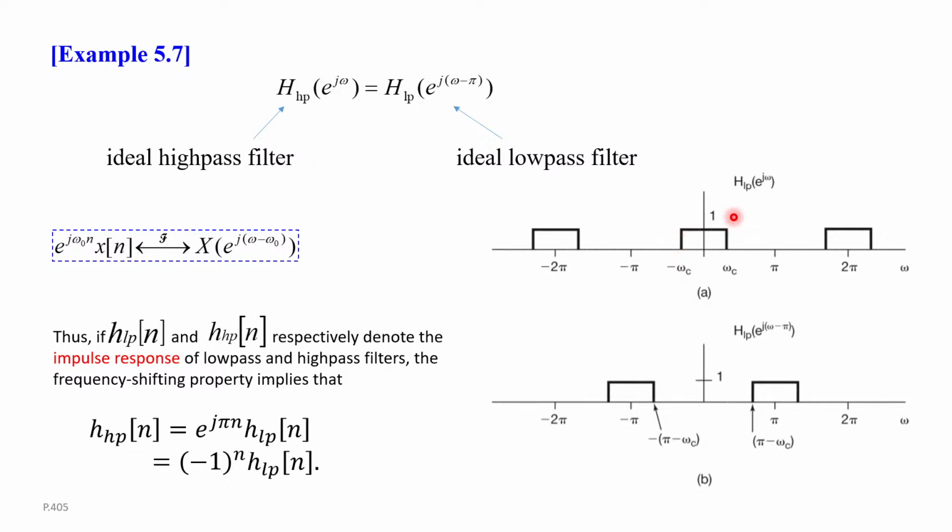Anyway, so we want to shift from this filter to this filter. Then you can multiply. You can do this.